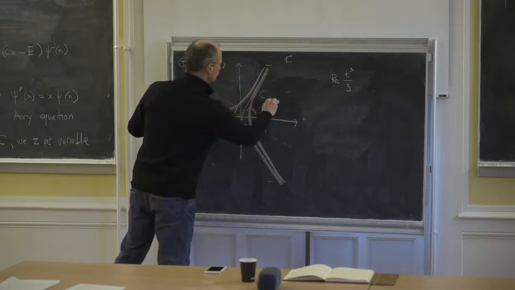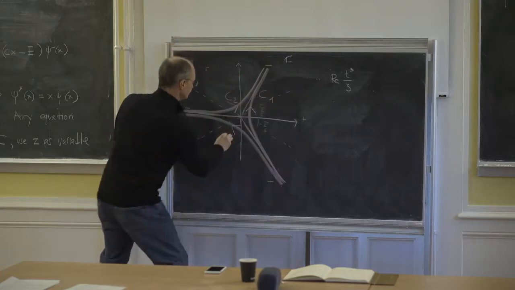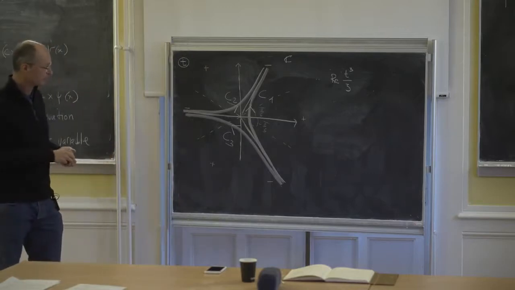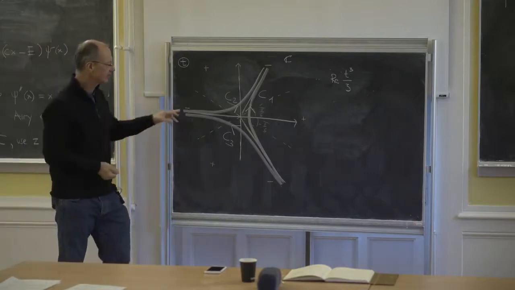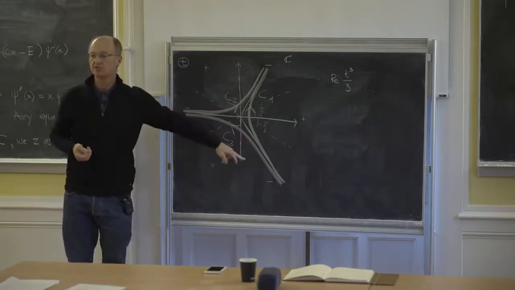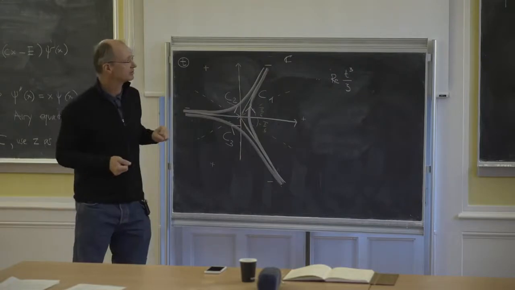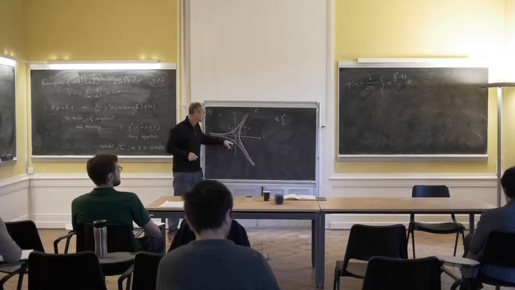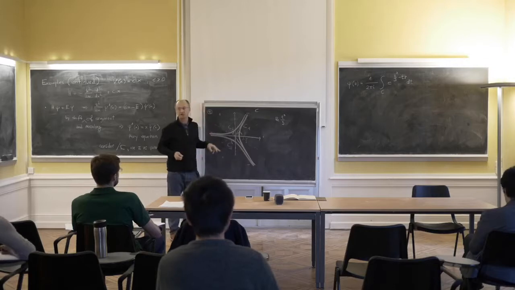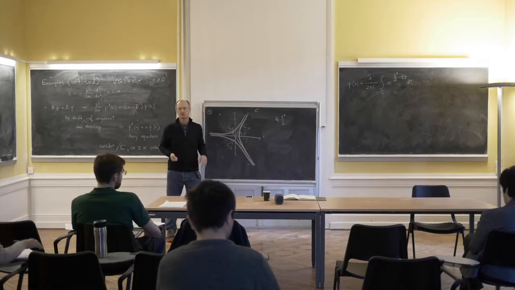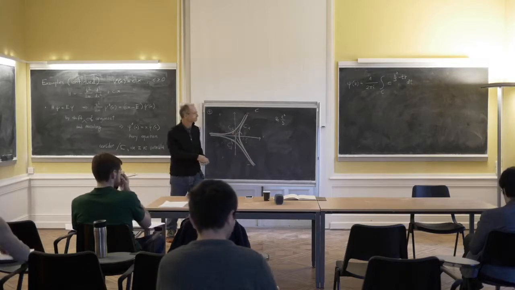Let me call them C1, C2, and C3. So it's clear that the corresponding integrals, if I put in those curves, are well defined. These are improper integrals, but the integrand falls to 0 so fast at all the infinities that those integrals converge very well.